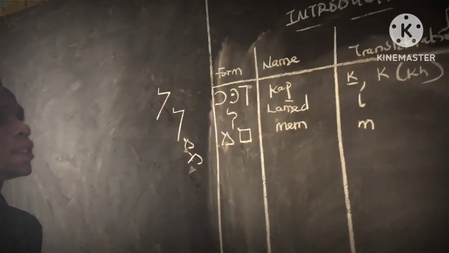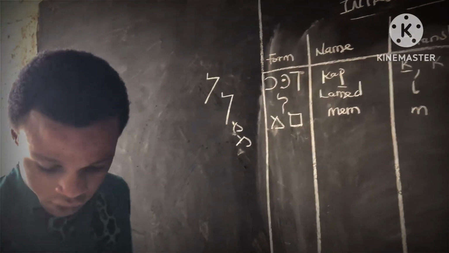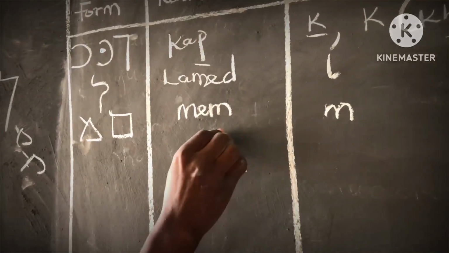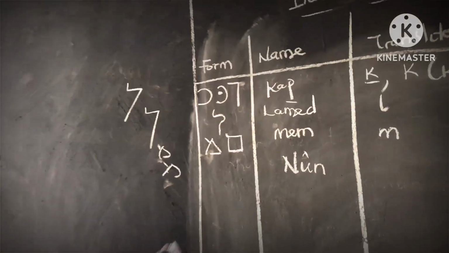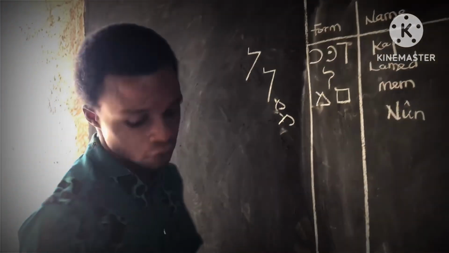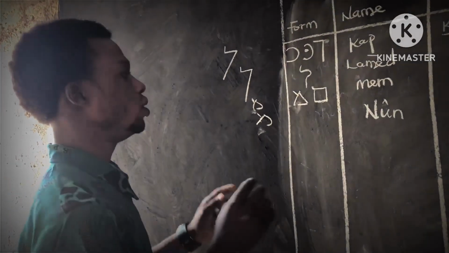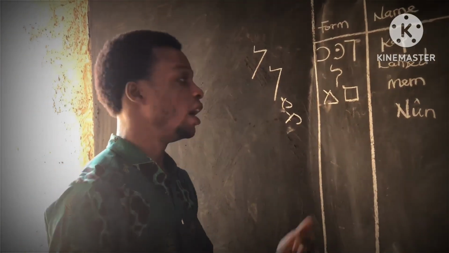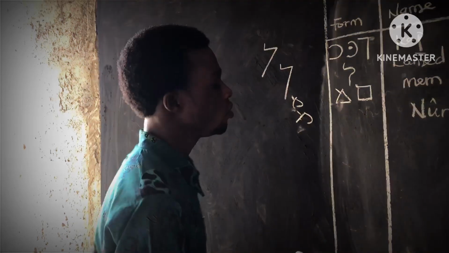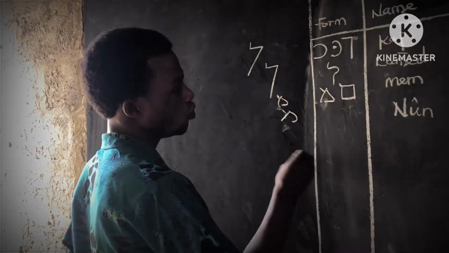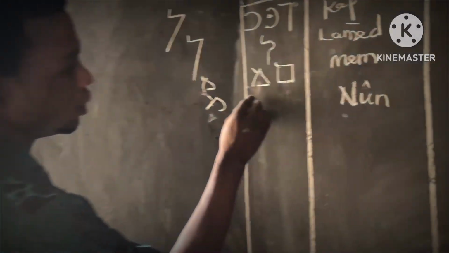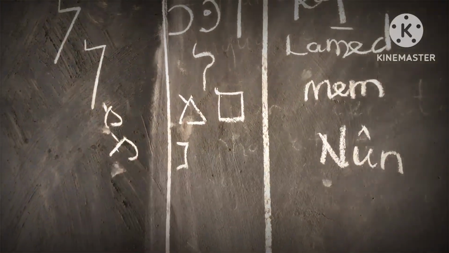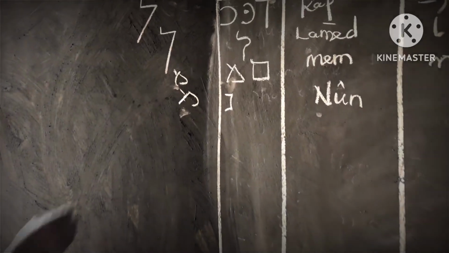So we move on to the next letter, which is nun. Nun is this. How do we write nun? We have two forms of nun. The one that appears at the middle or at the beginning of a word, and the one that appears at the end. The normal nun, which appears at the beginning, can be this. Let me make it big.